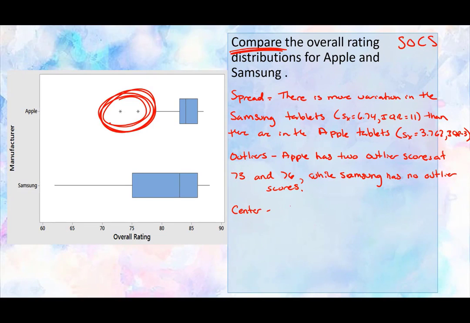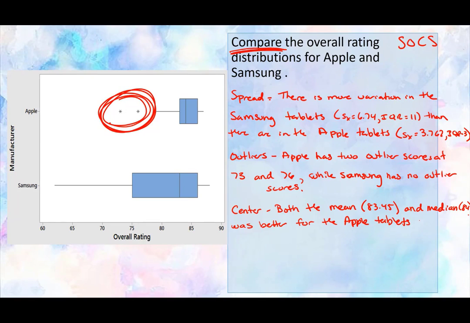So we can say both the mean, which was 83.45, and median, which was 84, was better for the Apple tablets than the Samsung tablets.